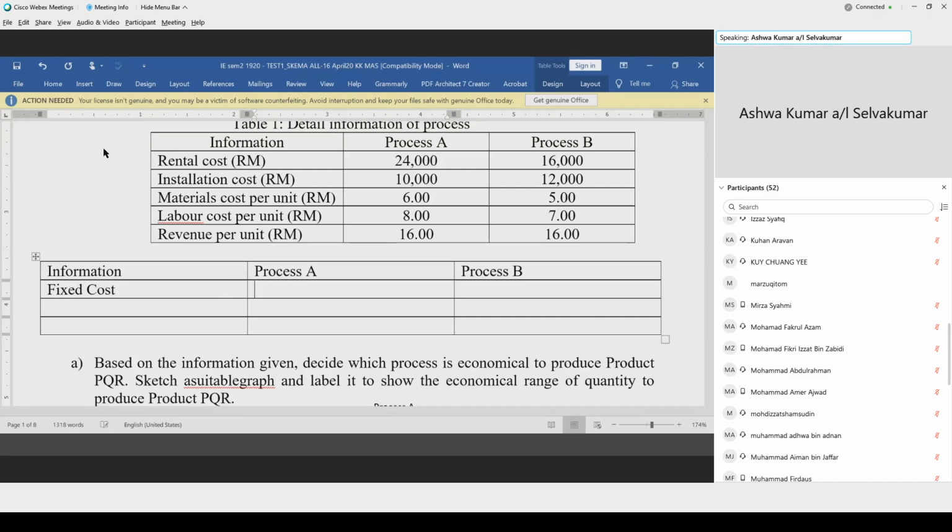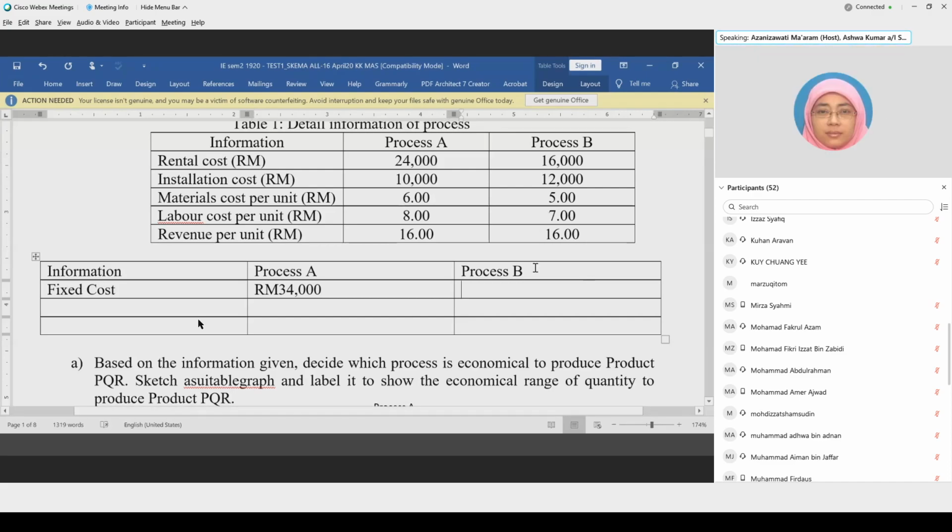Fixed cost, how much will you get? 34,000, right? 24 plus 10,000. What about process B? The total fixed cost is 28,000.